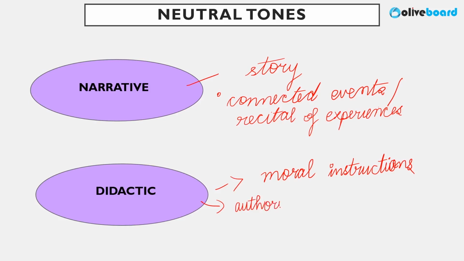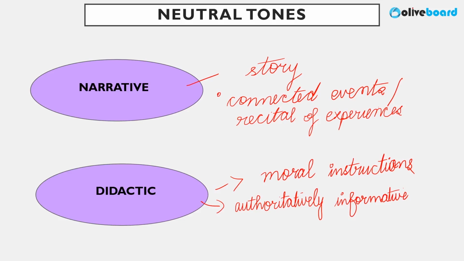Okay, authoritatively means you have the authority and you are dictating, you are giving information. Okay, so when the writer is giving information in an authoritative way, giving moral instructions, dictating. Remember this tone with the help of dictation. Okay, so that will become your didactic tone.